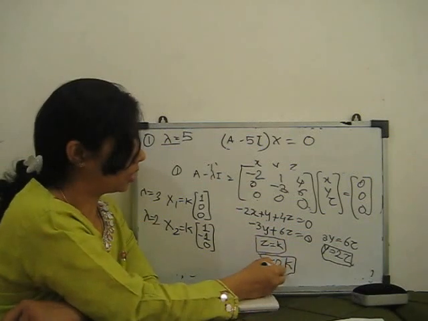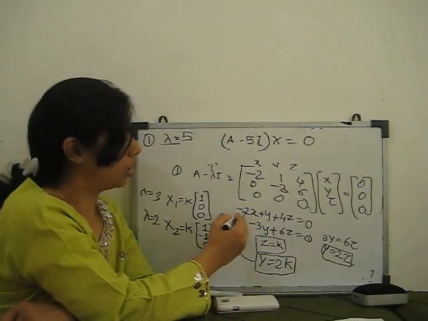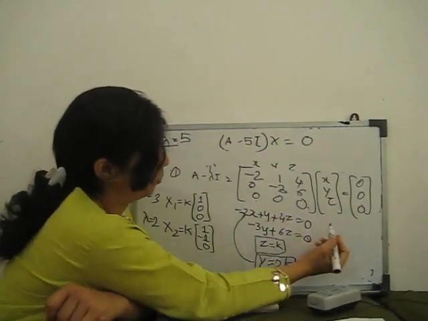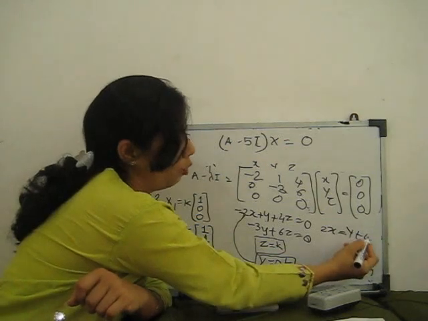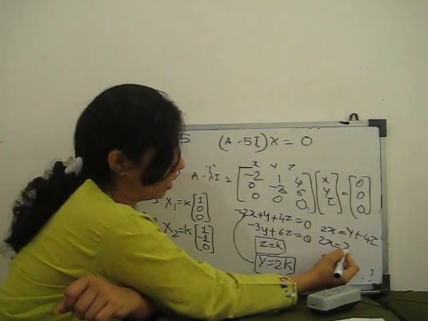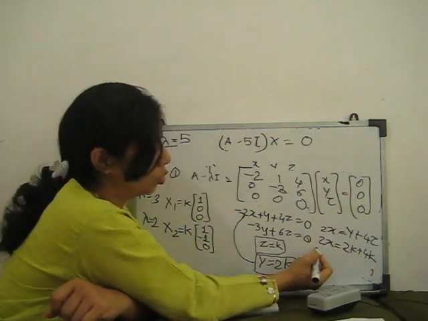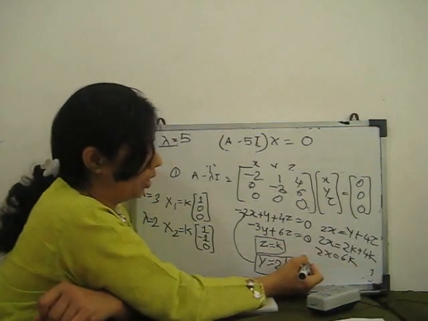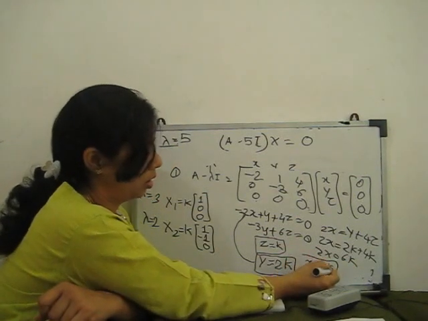Now put these in to find the value of x. 2x is equal to y plus 4z, so 2x is equal to 2k plus 4k. So 2x is equal to 6k, so x gives 3k.